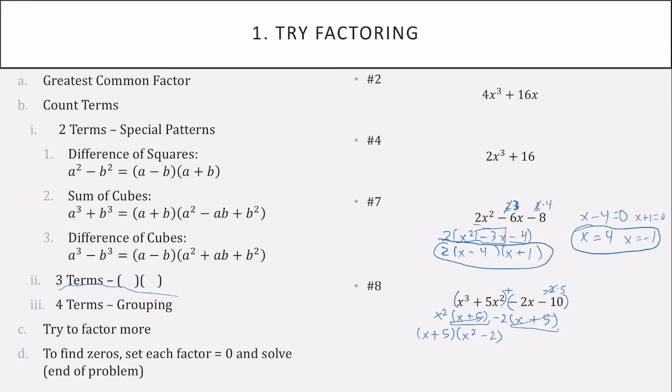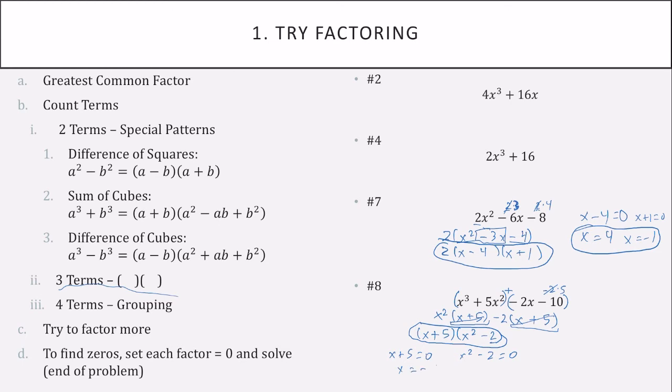Well, that's 2 terms. We could try factoring that. It's squared, it's a minus, it's a difference of squares, except 2 is not a square. So there we go. That's factored. To find the zeros, you set each factor equal to 0, and you solve for x.